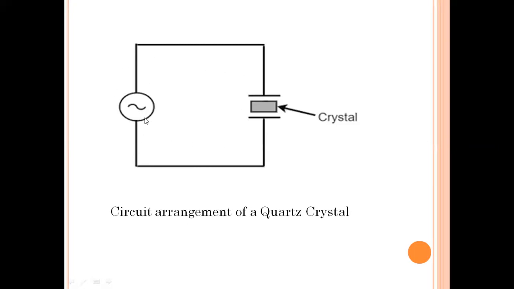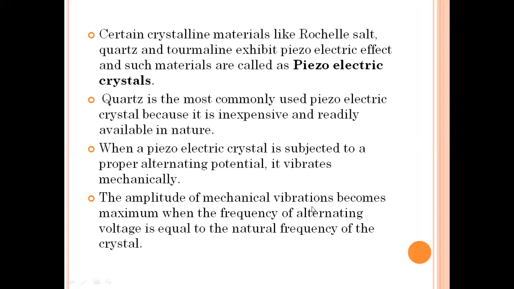We get maximum amplitude of oscillations only when the frequency of the AC voltage is equal to the frequency of the crystal.